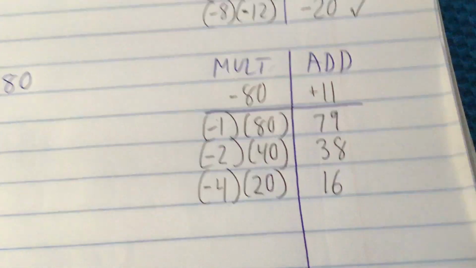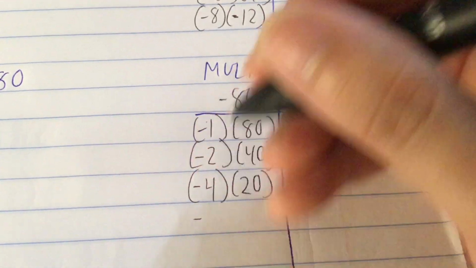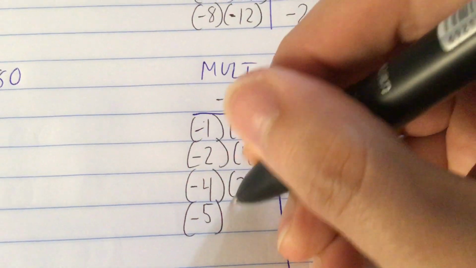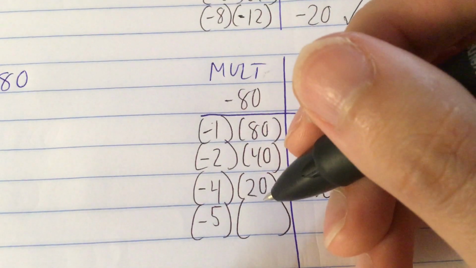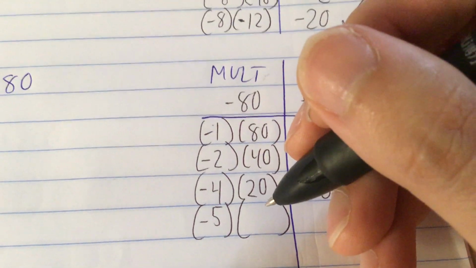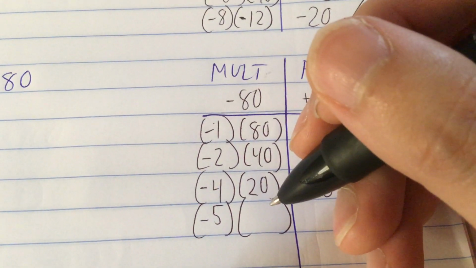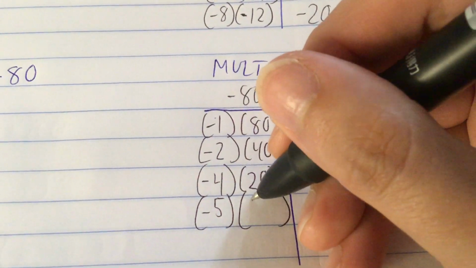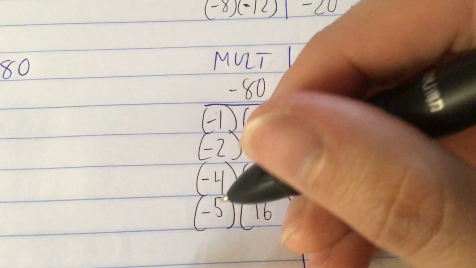So that didn't work. I know that it ends in a 0, so it's definitely divisible by 5. Okay. 5 goes into 100 20 times, 5 goes into 90 18 times, so 5 goes into 80 16 times. So 80 divided by 5 is 16.